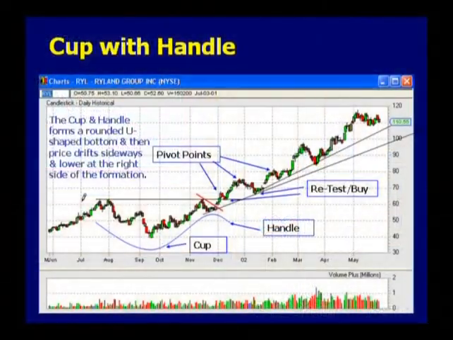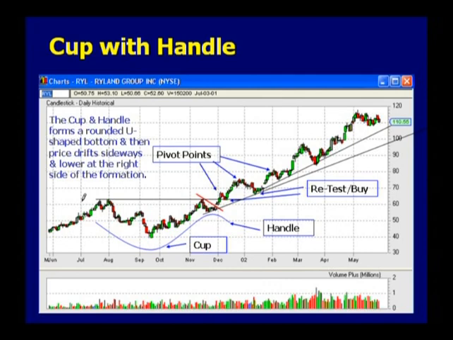Alrighty. Now, another continuation pattern is the cup and handle. The cup and handle forms a U-shaped bottom. If you look at ours up here, you can see that our cup has a pretty good crack in it, right in this neck of the woods, but we usually see a smoother, more symmetrical bottom down in here.